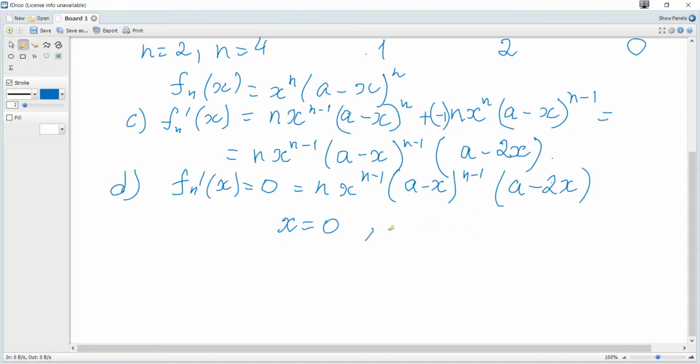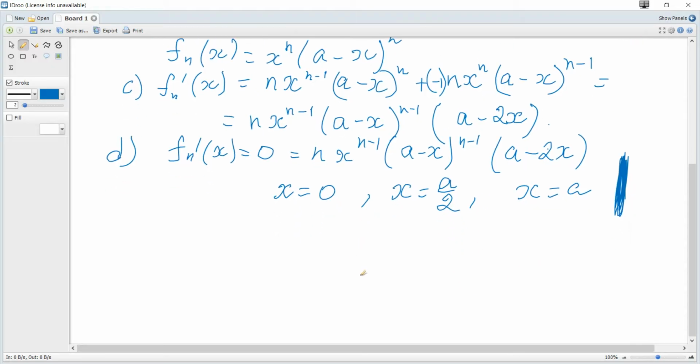From here, x is a over 2, and x is a, this a minus x to be equal to 0. And notice that these are stationary points, and we will need them for next questions. So it was 2 marks.